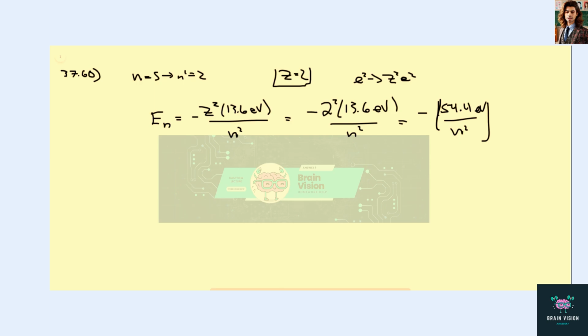Okay, so if we want the energy from n equals 5 to n equals 2, then delta E here is just given as E5 minus E2. So this is negative 54.4 eV times (1 over 5 squared minus 1 over 2 squared). And you should see this comes out to being 11.4 eV.